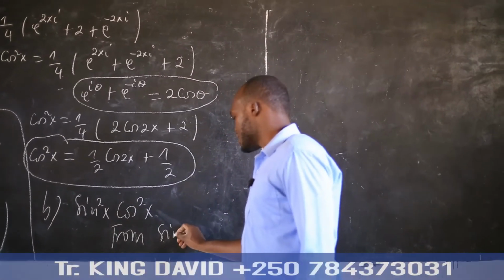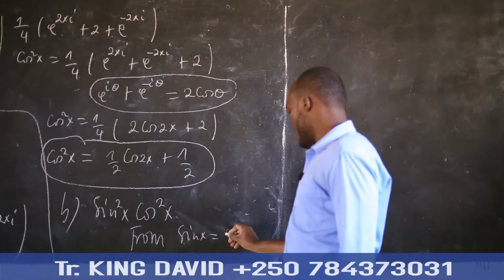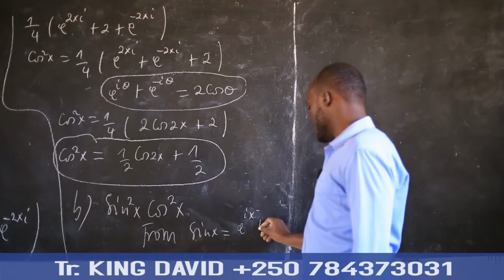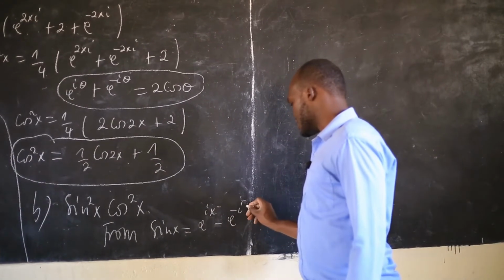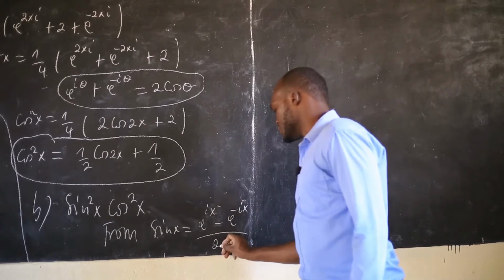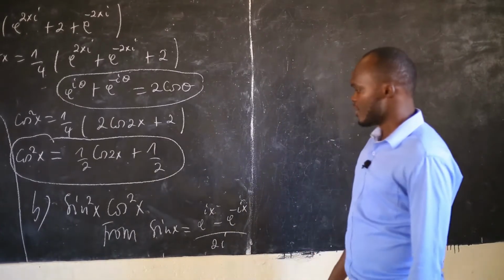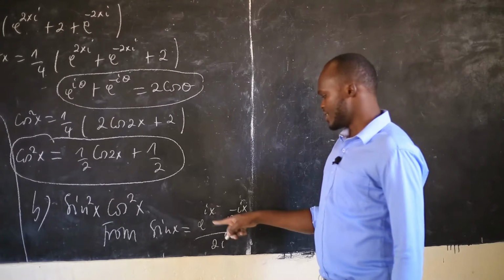you know that sin x is e power ix minus, not plus, e power negative ix, divided by 2i. Yeah. So we have seen it for the cos. So then for sin it is this one.